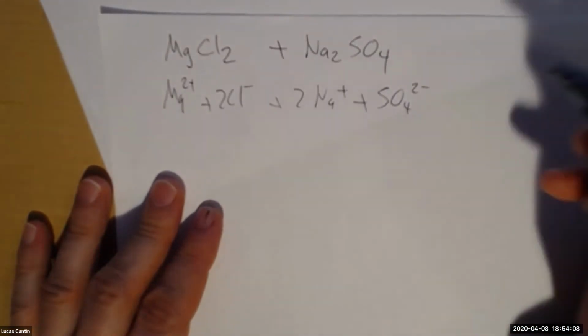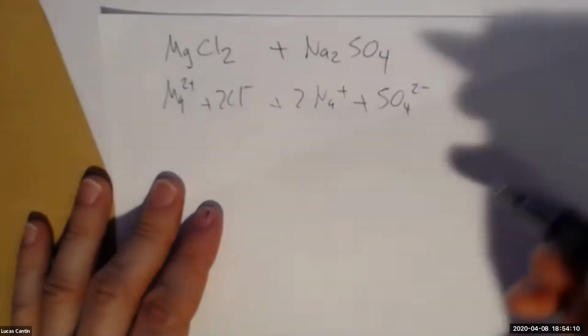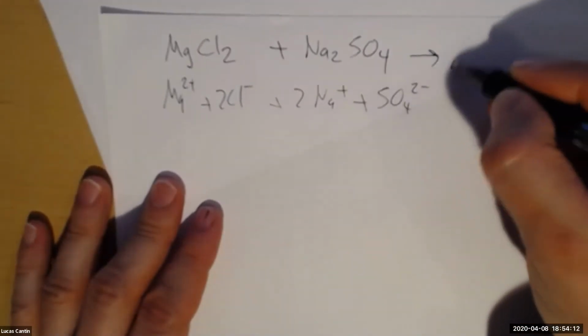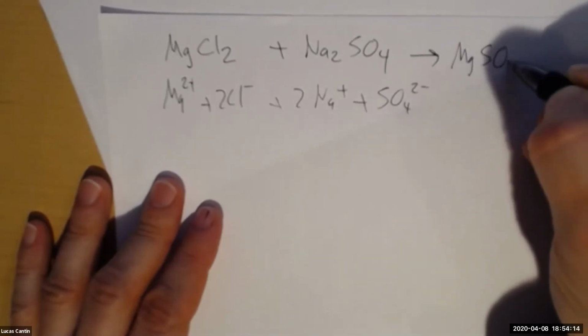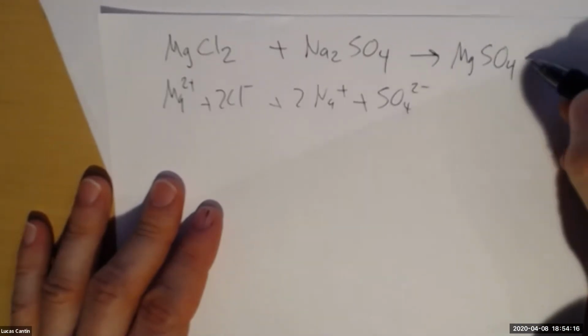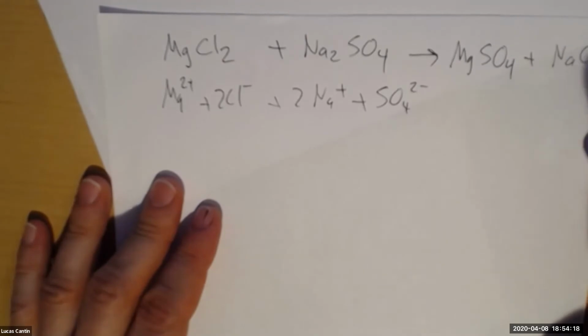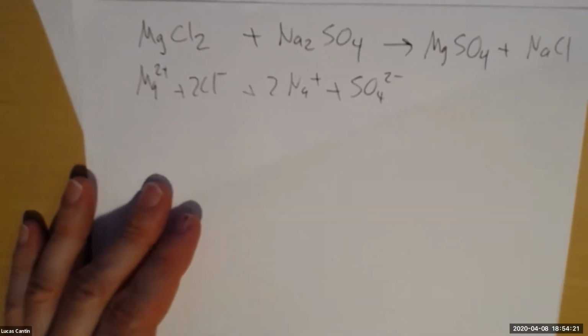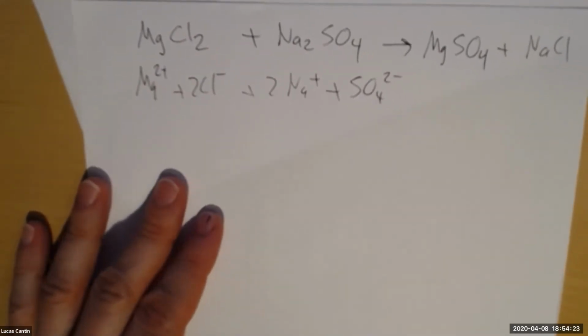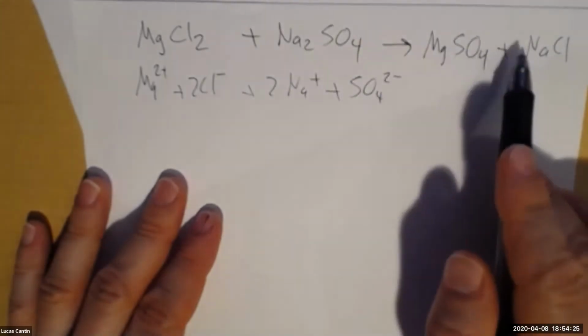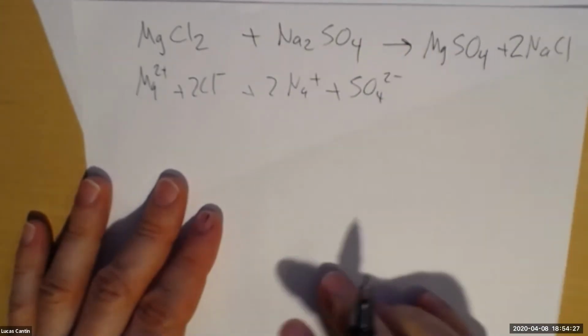So when I swap those, I'm going to get magnesium sulfate and sodium chloride, right? And then after balancing, I'm going to see I have 2 sodiums here and 1 there. I'm going to put a 2 here.